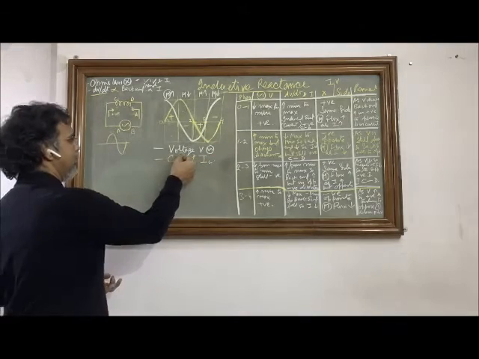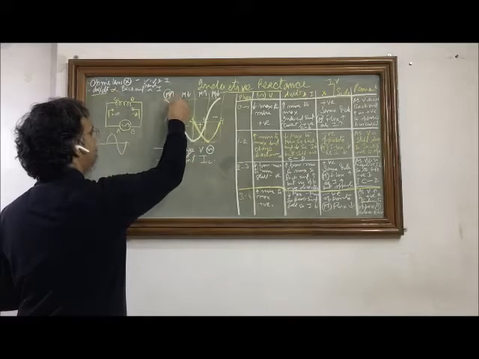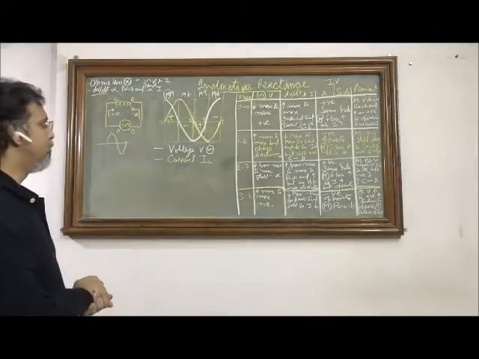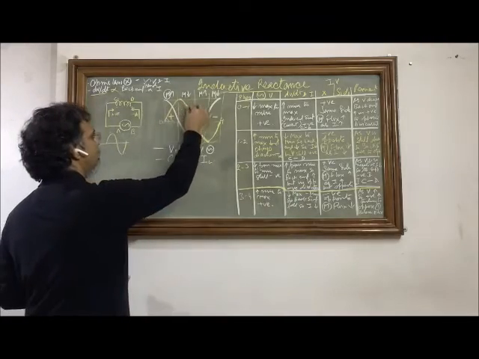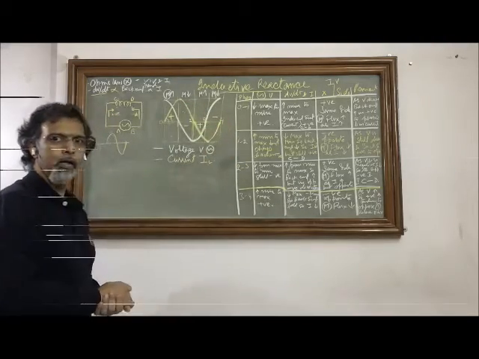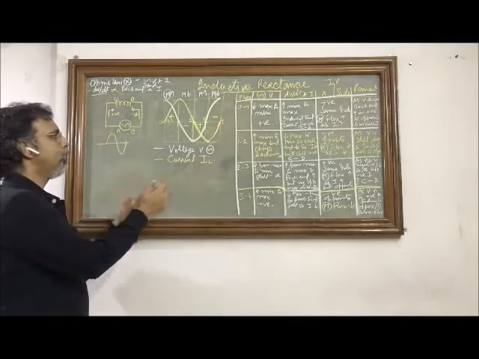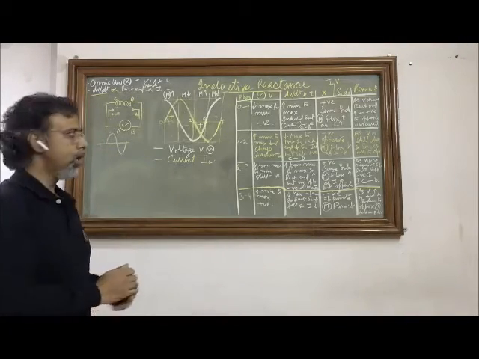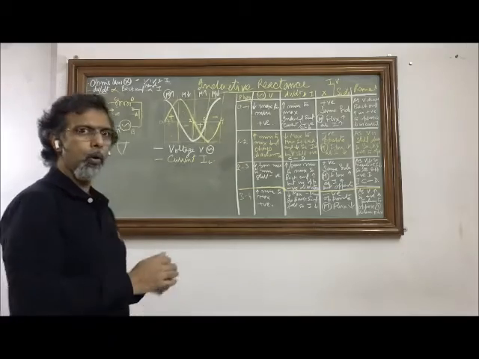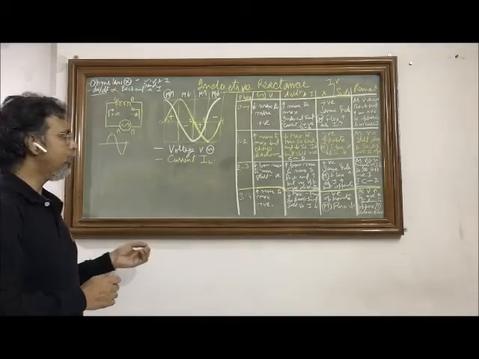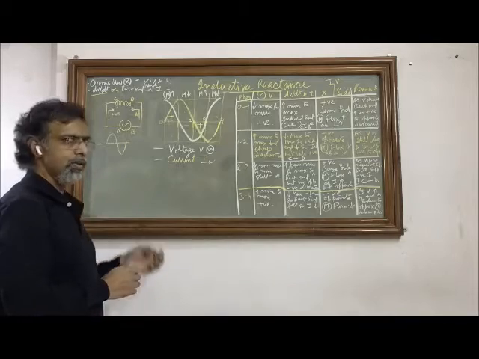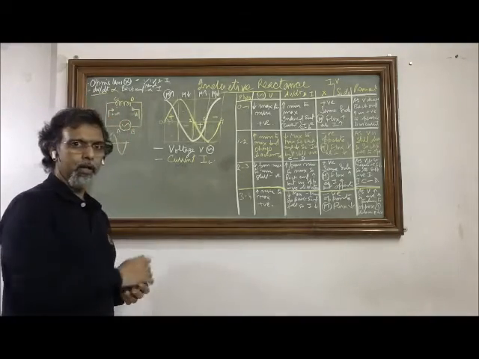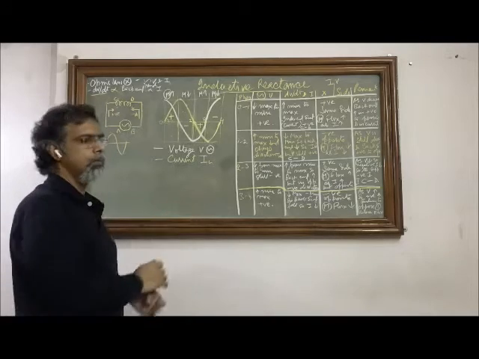By color code, the white sinusoid is the source voltage and the yellow sinusoid is the current. Now let us understand quarter by quarter what happens in the circuit and how current behaves in a purely inductor circuit. I again repeat, we assume that there is no resistance in this circuit, so the energy is given to the inductor, and let us see how it behaves.